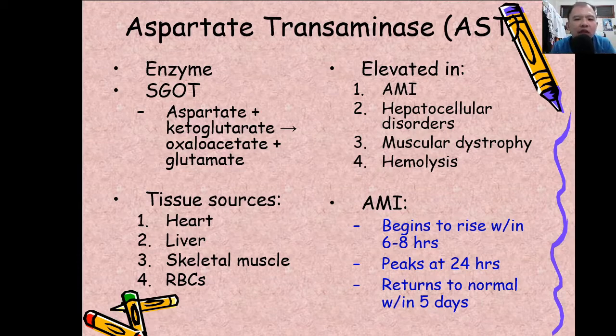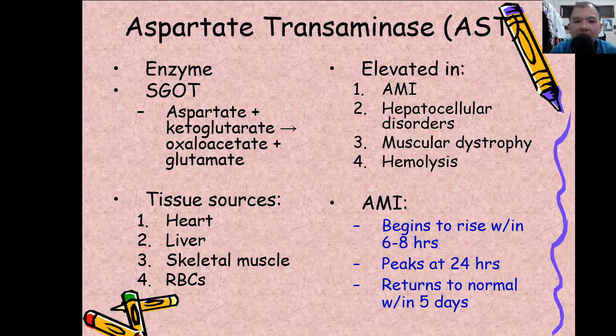That's why it's really not that specific. You have elevations in cases of acute myocardial infarction, liver disorders, muscular dystrophy, and it can be a false positive in a blood specimen that has undergone hemolysis. In acute MI, it begins to rise within 6 to 8 hours, peaks at 24 hours, and returns to normal within 5 days.